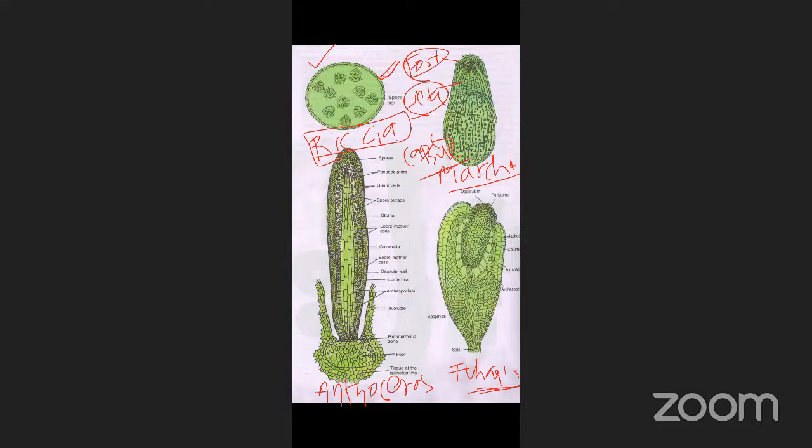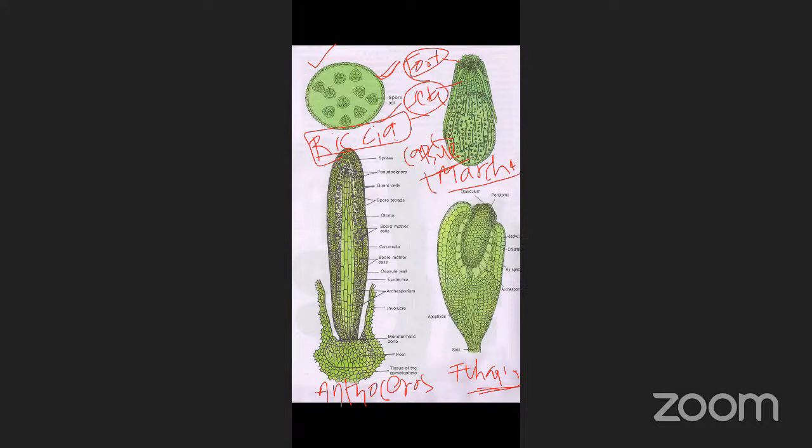Next, in Carcinia, foot sterile cells are there, seta absent, and again capsule present. But apart from the capsule, the foot sterilized cells are also present.